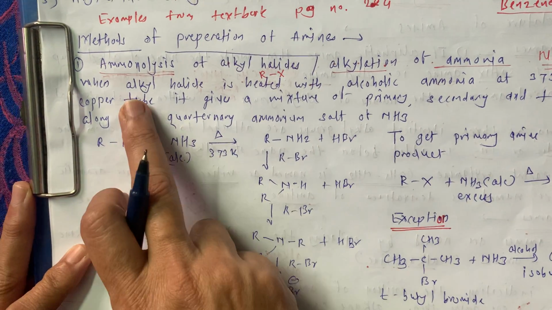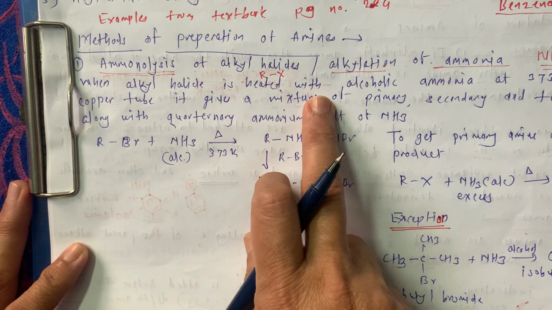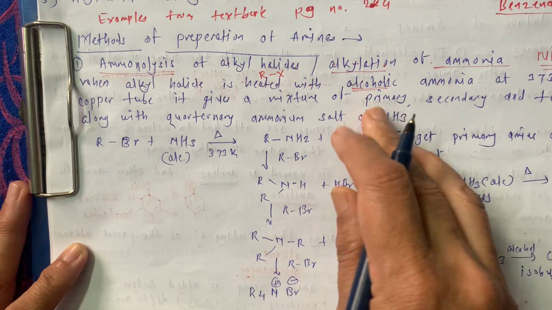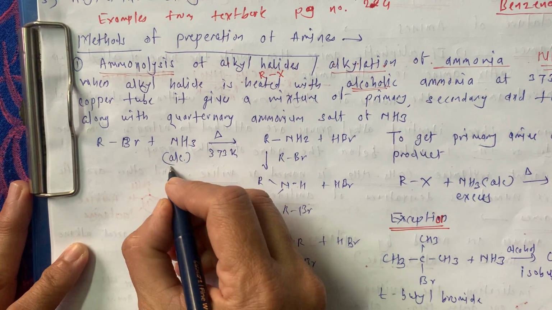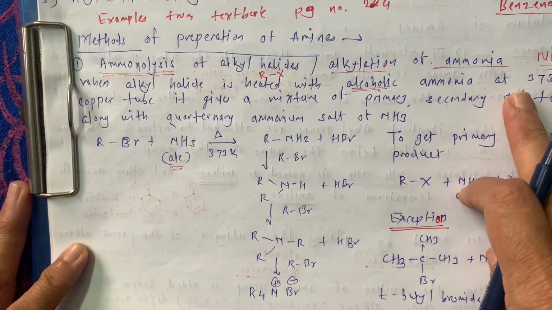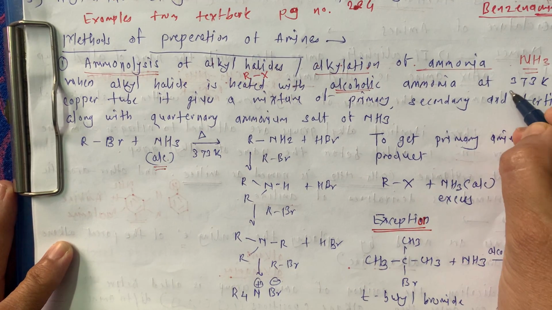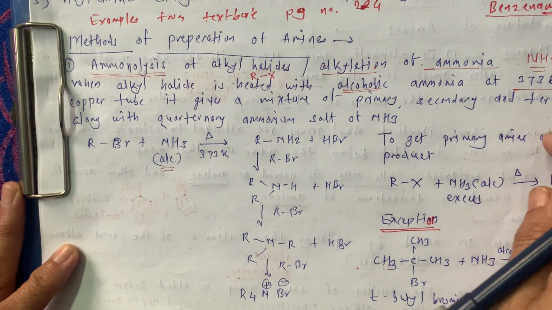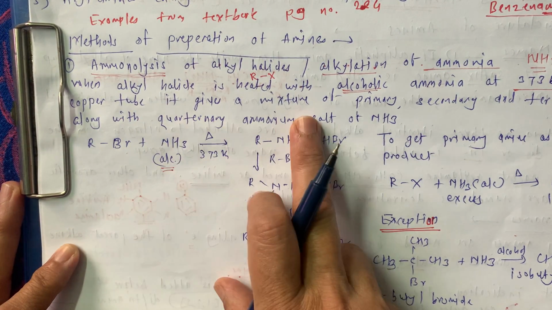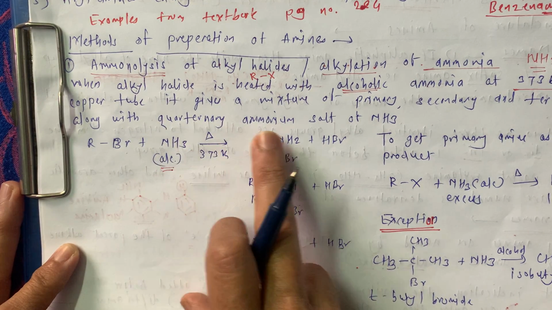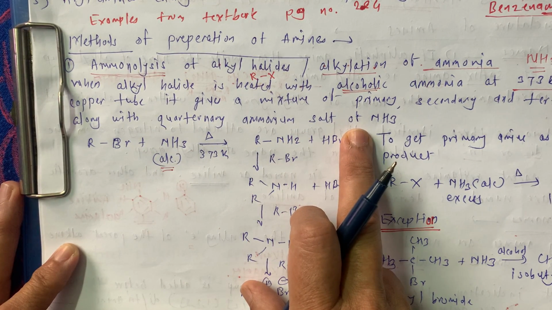When alkyl halide is heated with alcoholic ammonia, this is a very important word you have to write down, in short form alc. The temperature required is 373 Kelvin, in a sealed copper tube. It gives a mixture of primary, secondary, tertiary amines along with quaternary ammonium salt.